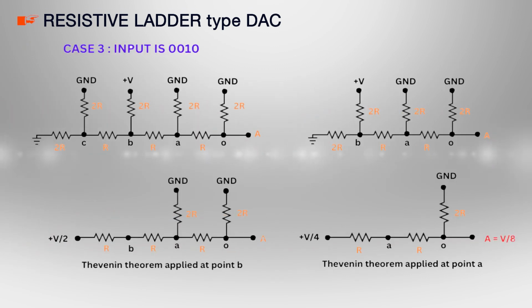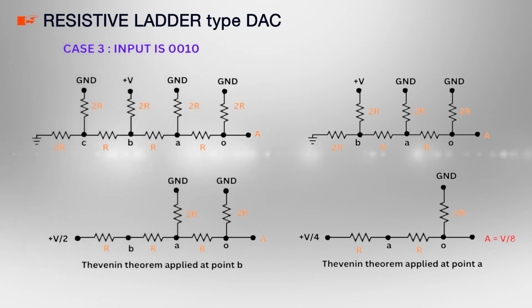Moving further, let us see case 3, where the digital input is 0 0 1 0, that is the third MSB is 1 and other bits are 0. Look at the leftmost part of the circuit and solve it in the same way as earlier until you reach point B, as shown in the top right corner circuit. Now, the circuit cannot be solved using the same method, since voltage V is connected at one terminal.